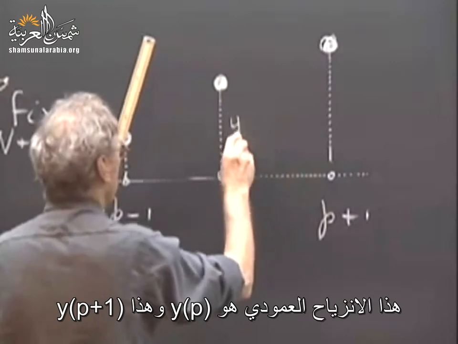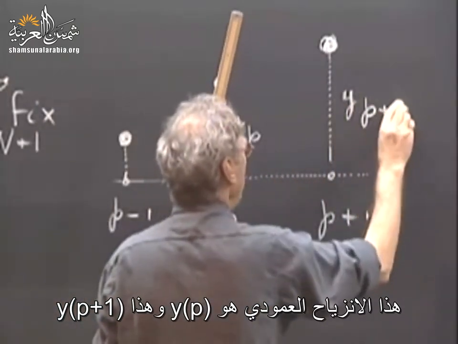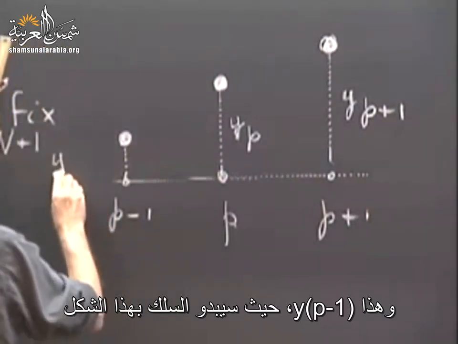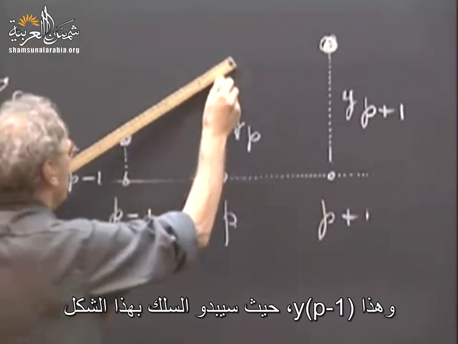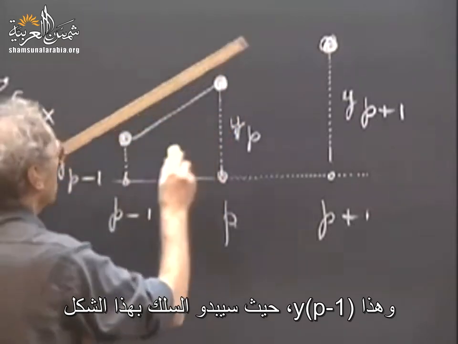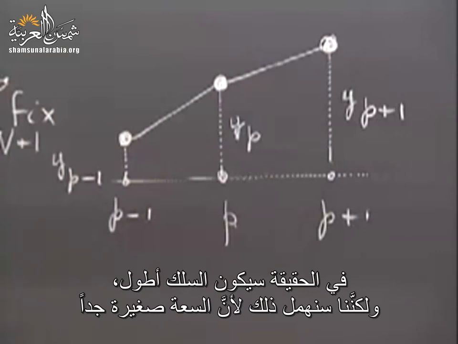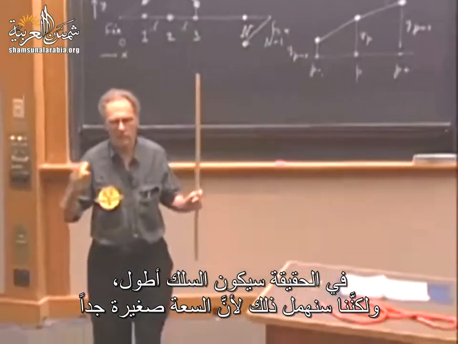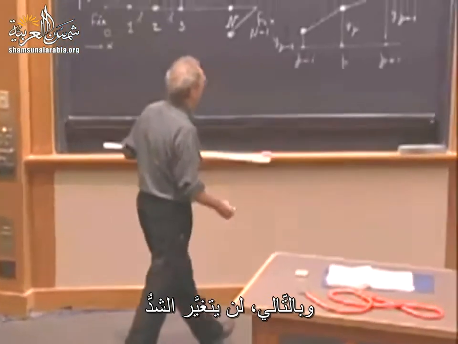So this vertical displacement is yP, this is yP plus 1, and this then is yP minus 1. But the strings are just attached like this. And so the fact that the strings get longer, we will ignore that because they're small amplitudes. So the tension will not change.